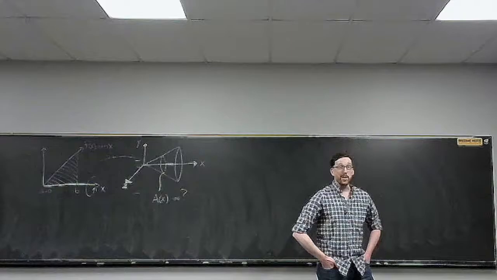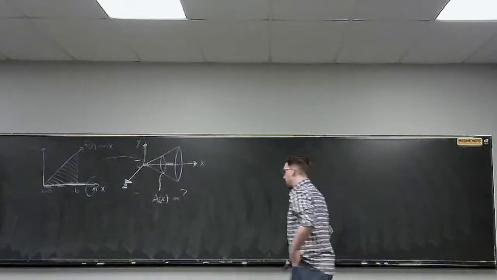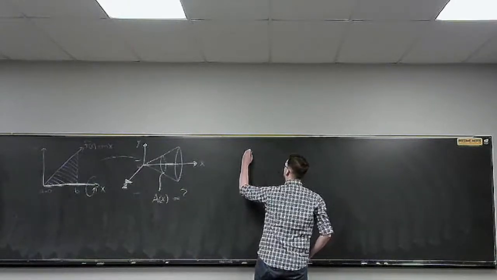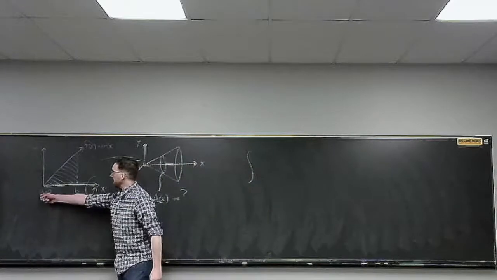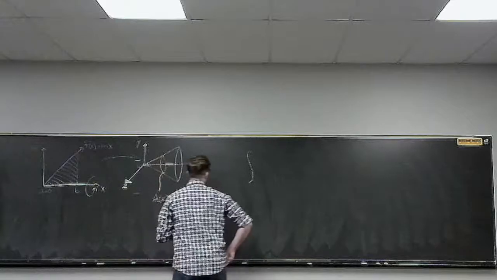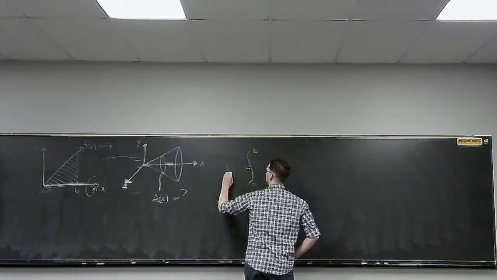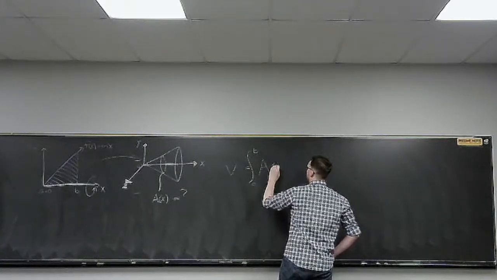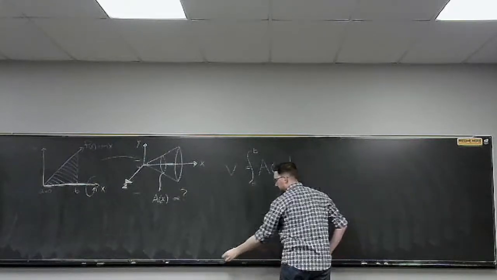And we need to find the volume of that cone. We know the volume of this thing from what we just saw in the last video is going to be equal to, since a starts at 0 here and we end at b, the integral from 0 to b of whatever a cross-sectional area of a disk would be, integrated with respect to x.